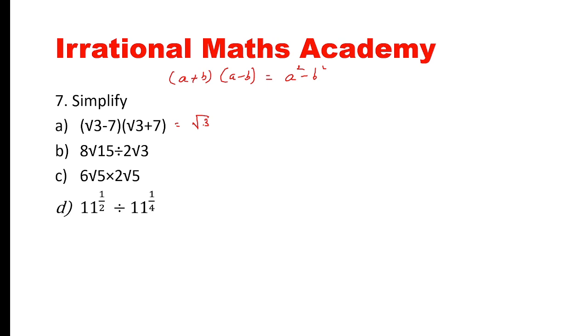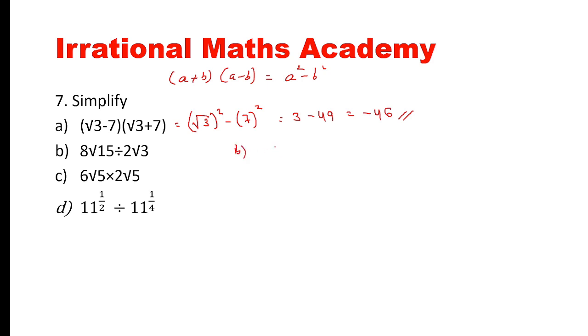So root 3 whole square minus 7 whole square. Square and root get cancelled: 3 minus 7 square, 49. So answer is 3 minus 49, minus 46. Don't forget it is minus 46, not 46, because we are doing 3 minus 49 here. Okay, this is our first answer.